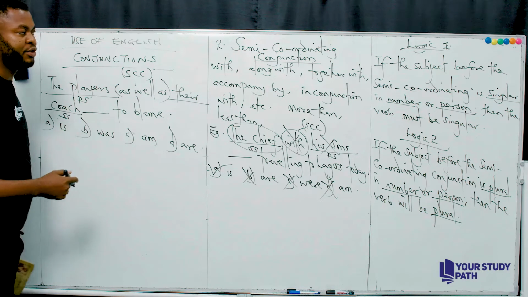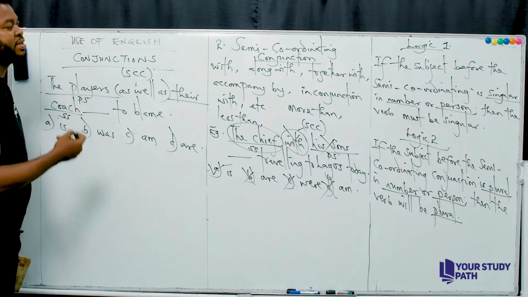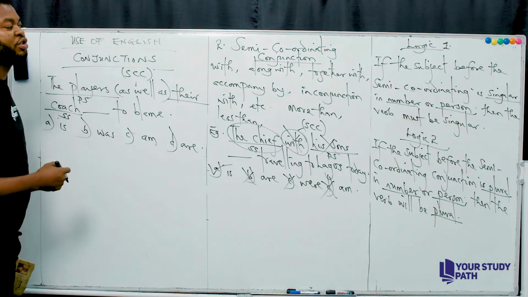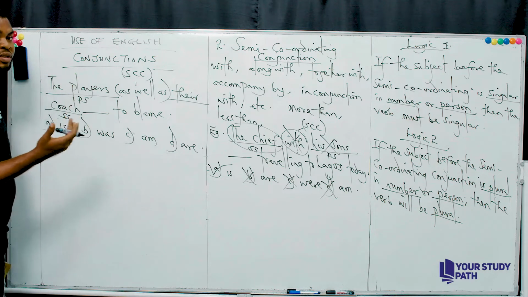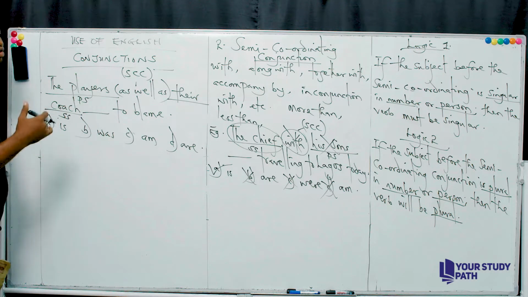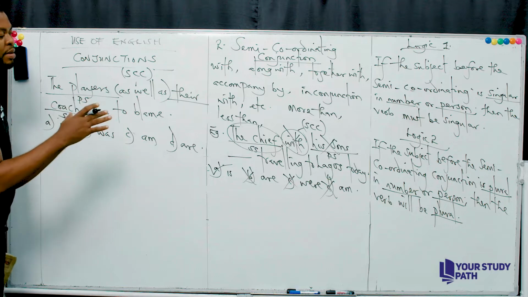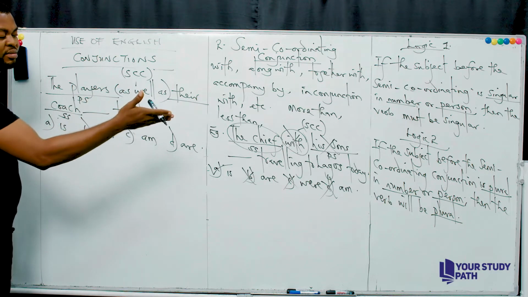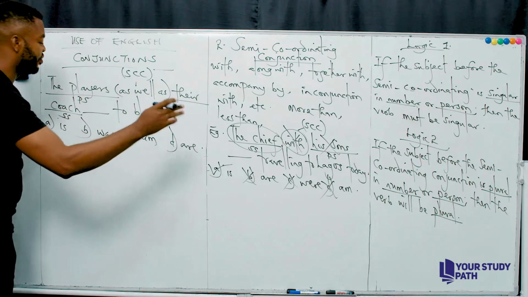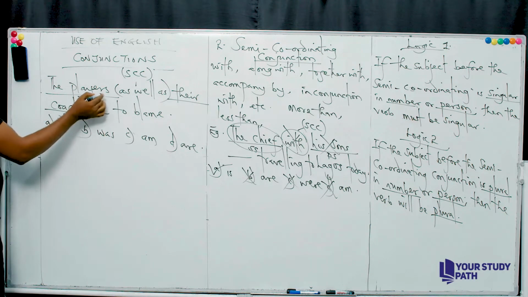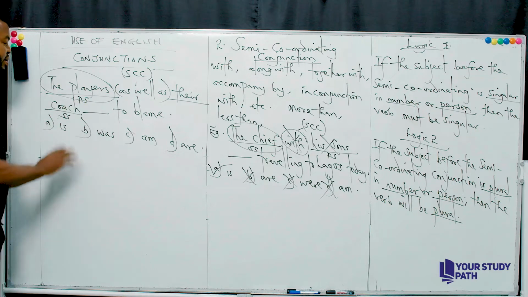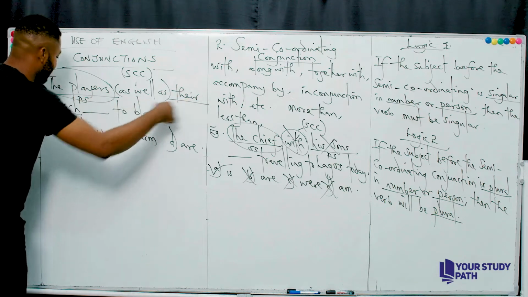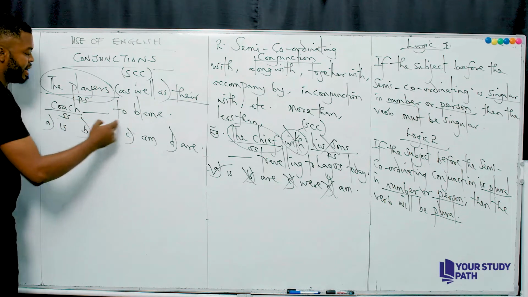Now, apply the first logic. That is, if the subject before the semi-coordinating conjunction is singular in number or person, then the verb must be singular. However, if the subject before the semi-coordinating conjunction is plural in number or person, then the verb must be plural. This is the subject before the semi-coordinating conjunction, the players. That's a plural subject. The players, as well as their coach, dash to blame.